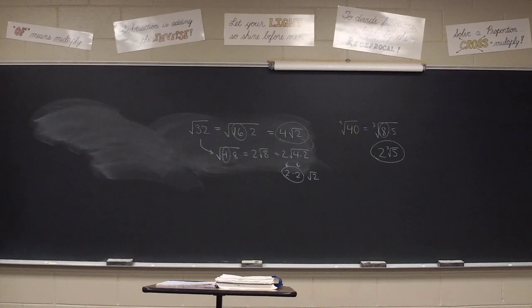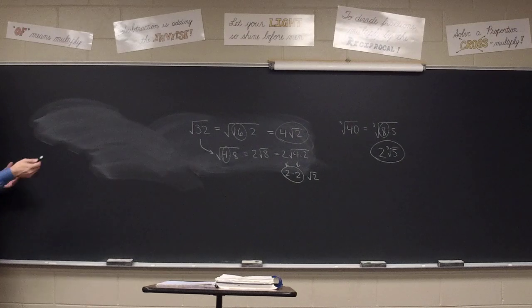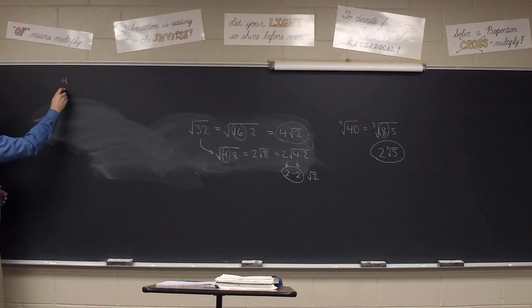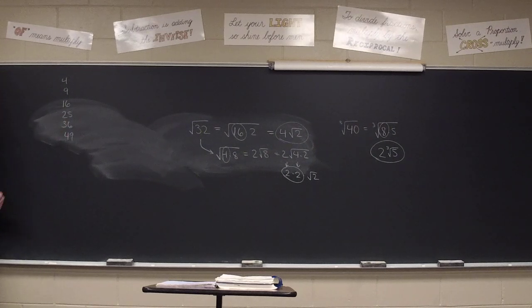Numbers that are perfect squares, numbers that would be rational factors. Numbers like 2 squared, class, 3 squared, 4 squared, 5 squared. The rest of you feel free to jump in. 6 squared, 7 squared, and so on and so forth, right? These are all those numbers. And by the way, we've got all the way up to 20 squared available to us for some of those bigger radicals. One of the main reasons I had you memorize those.